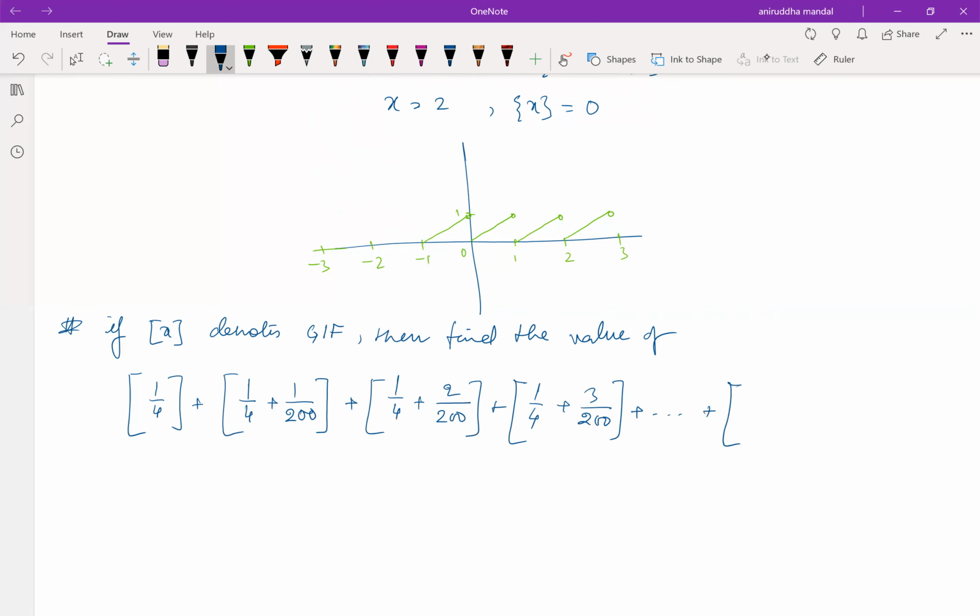The last term is box of 1/4 plus 199/200.